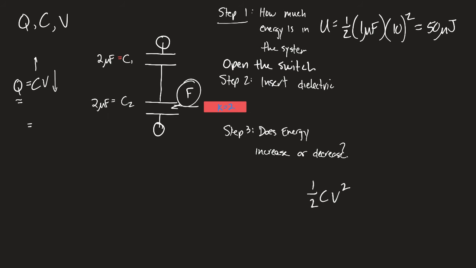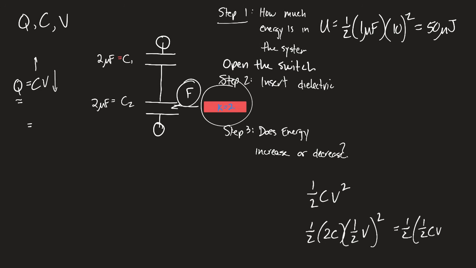Let me make sure my math is right. We know that the capacitance is doubled because the dielectric is 2. So yeah, this will be 1/2 times 2C times (1/2 V) squared. Right? So this comes out to be 1/4 CV squared. So yeah, our energy is cut in half.